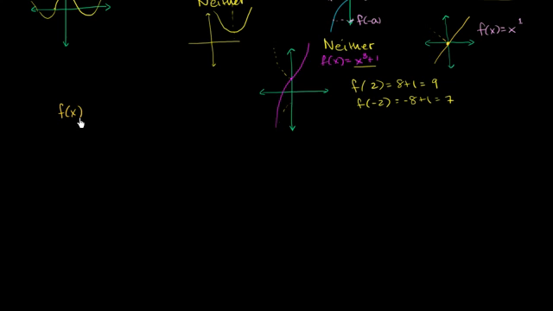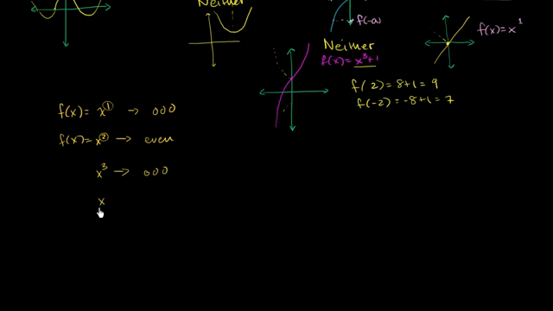Because if I have f of x is equal to x to the first power, that's the same thing as y is equal to x. This is odd, and it gels with the name because we are also raising it to an odd power. If we have f of x is equal to x squared, we saw in the previous video this is even, and it gels with the idea that we're raising it to an even power. If it was x to the third, that is odd.